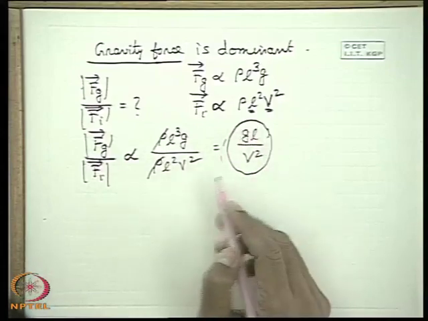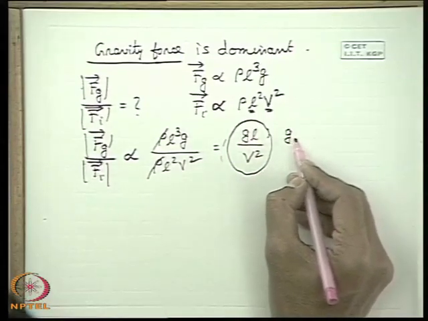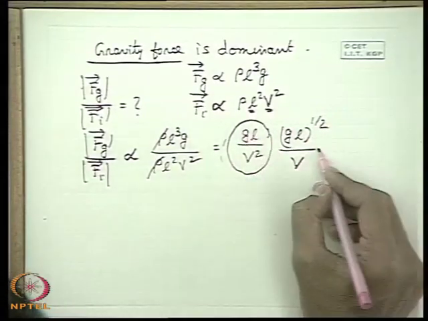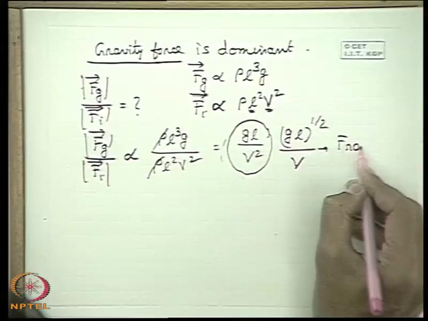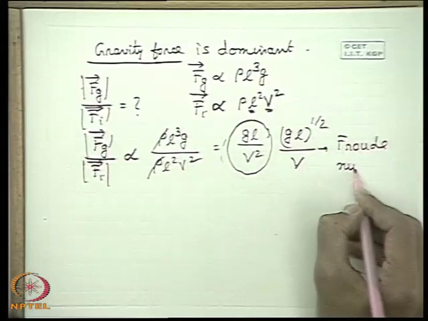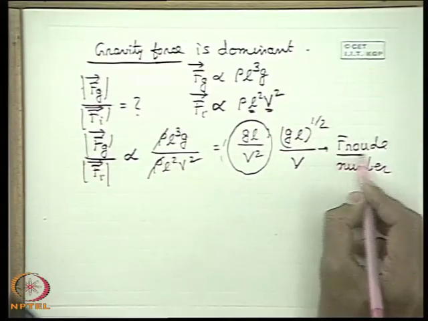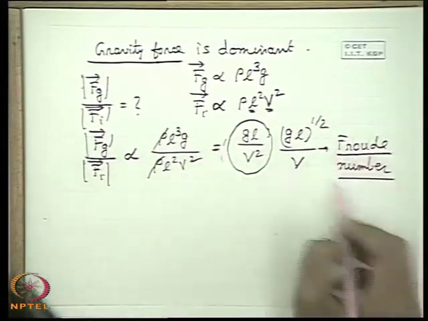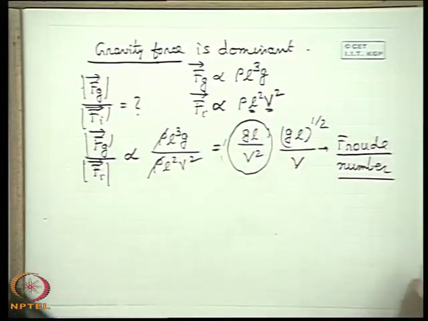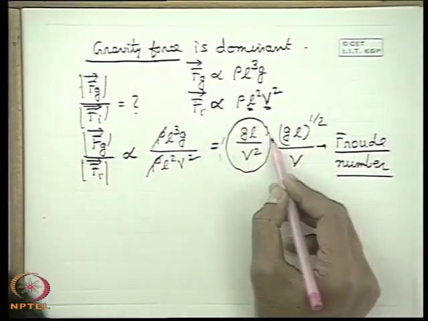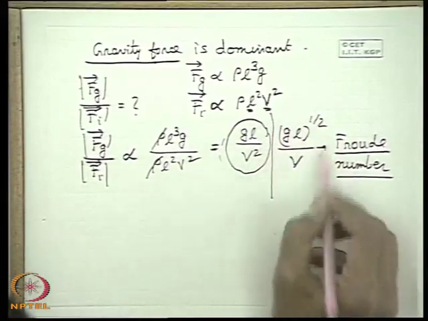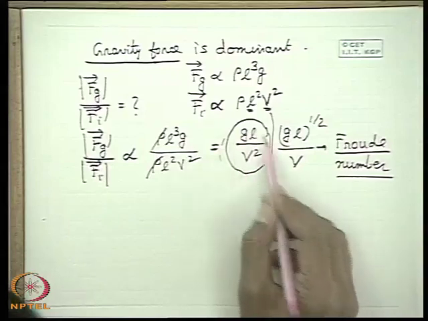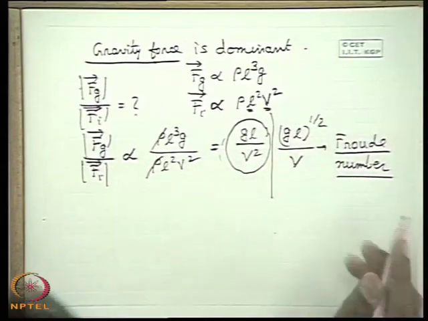Conventionally, sometimes the square root of this, g L to the power half, is known as the Froude number. Froude was a scientist, basically a naval architect, who first discovered it in the study of ships. There is no hard and fast rule; sometimes g L by v square and sometimes its square root is referred to as the Froude number. Maintaining constancy of this number means constancy of its square root, so it does not matter.